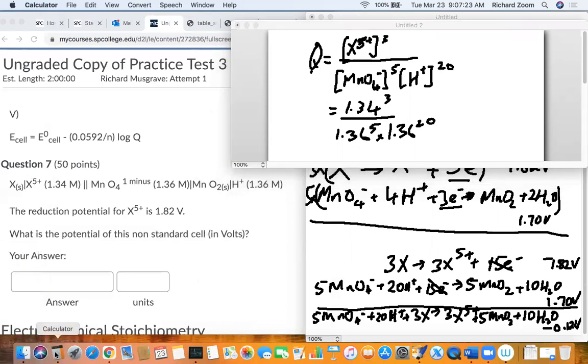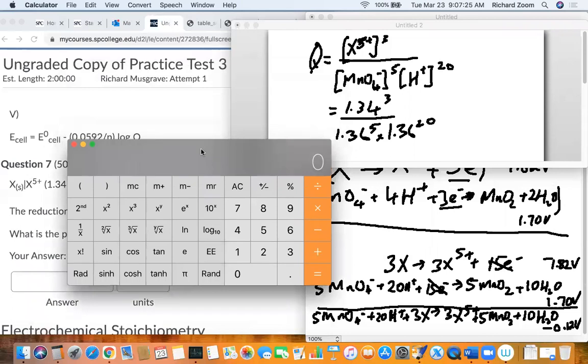Okay, let's go ahead and do some math here. And I'll use this one here. That's to the power of 3. And I'll divide that by 1.36 to the 5th, and then divided by 1.36 to the 20th. Oops.